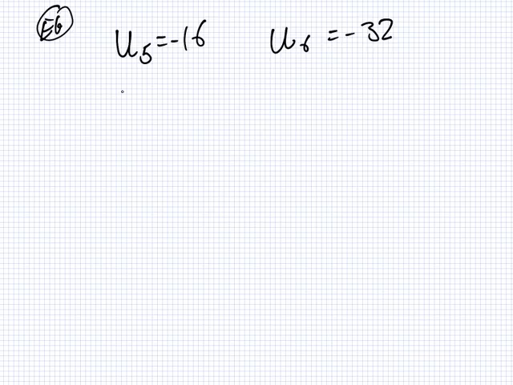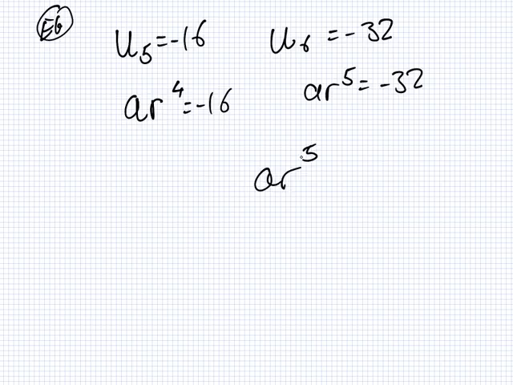So here we can say the fifth term, so that is A R power 4 equals minus 16, and here the sixth term is minus 32, so that's A R power 5 equals minus 32. Now, does anybody have a good idea on how to solve these together? Yeah, but how? What method? Substitution would work fine, but dividing works very nicely here.